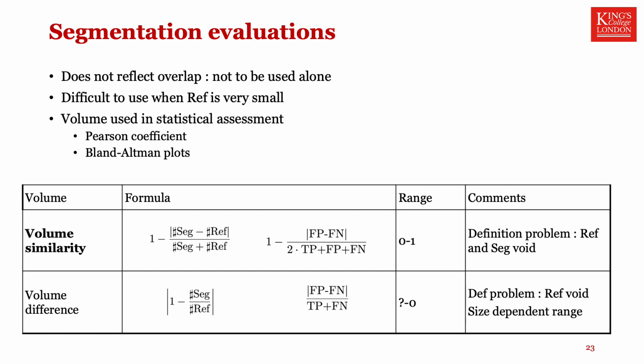So since they don't reflect overlap, they cannot be used alone. So it's a first sign that actually one metric is never enough. Another sign we showed that before with the sensitivity and the specificity. Here again with the volume, because it doesn't show overlap, so it cannot be used as a proper assessment of segmentation. But it can be used in statistical assessment afterwards.